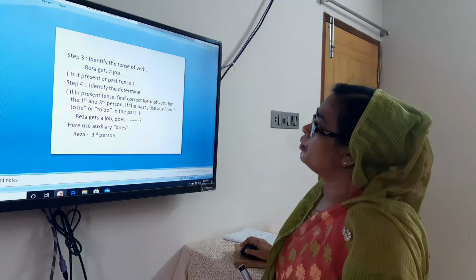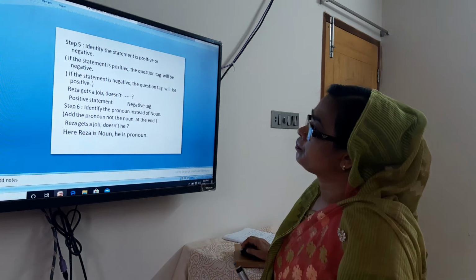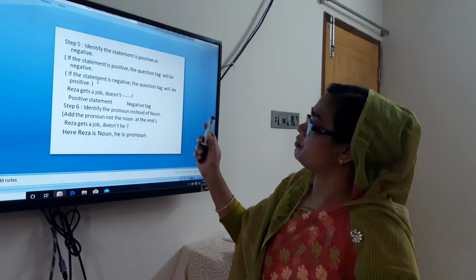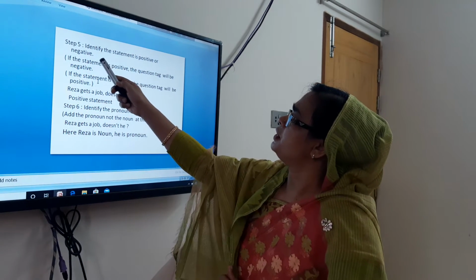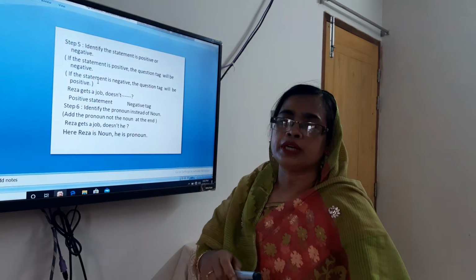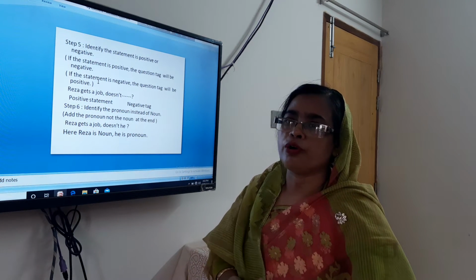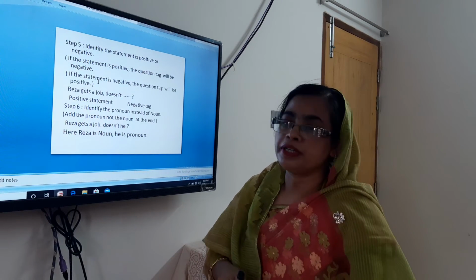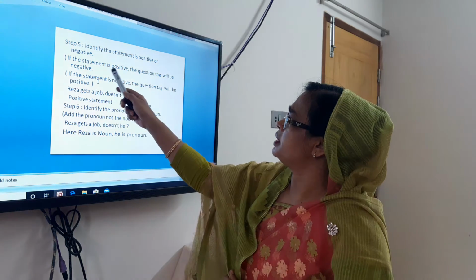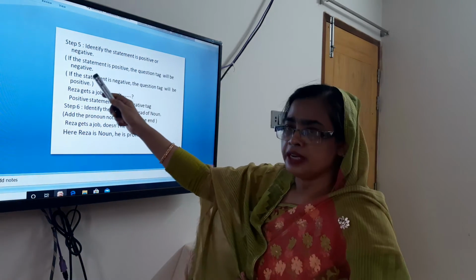Okay, now we go to step 5. Identify the statement as positive or negative. We have to follow whether the statement is positive or negative. If the statement is positive, the question tag will be negative.